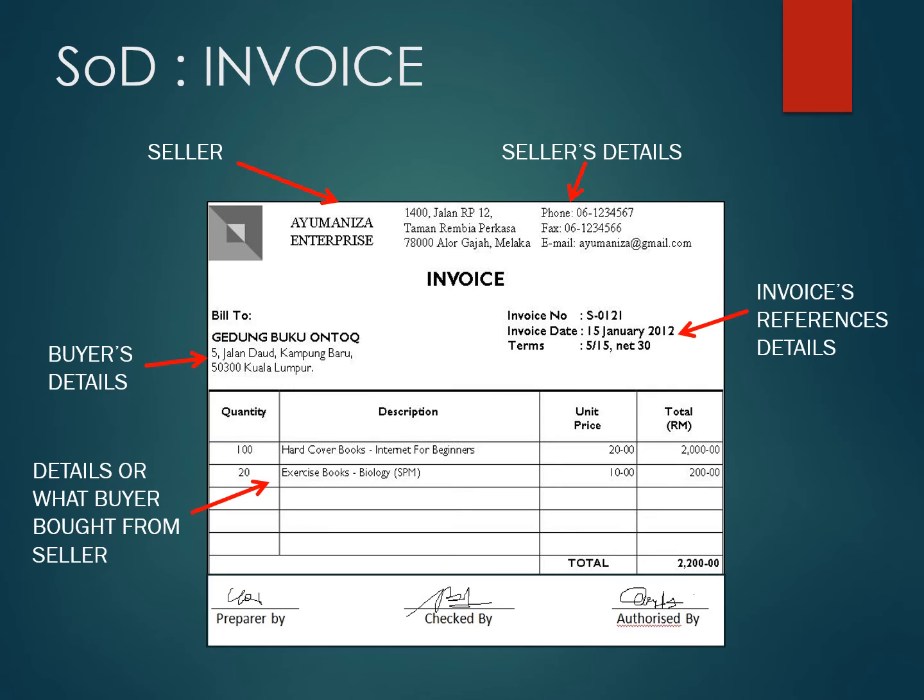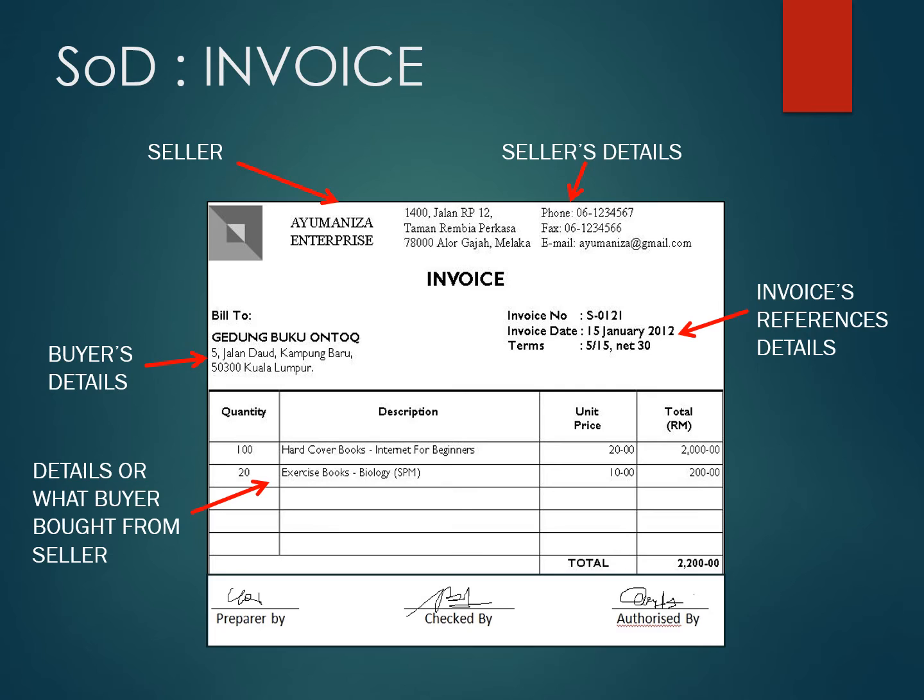And inside the invoice, there are details of what the customer has bought from us: the quantity, the descriptions or coding of the items that we sent to the customer, the price of each unit of that particular inventory, and the total, and you have the grand total.